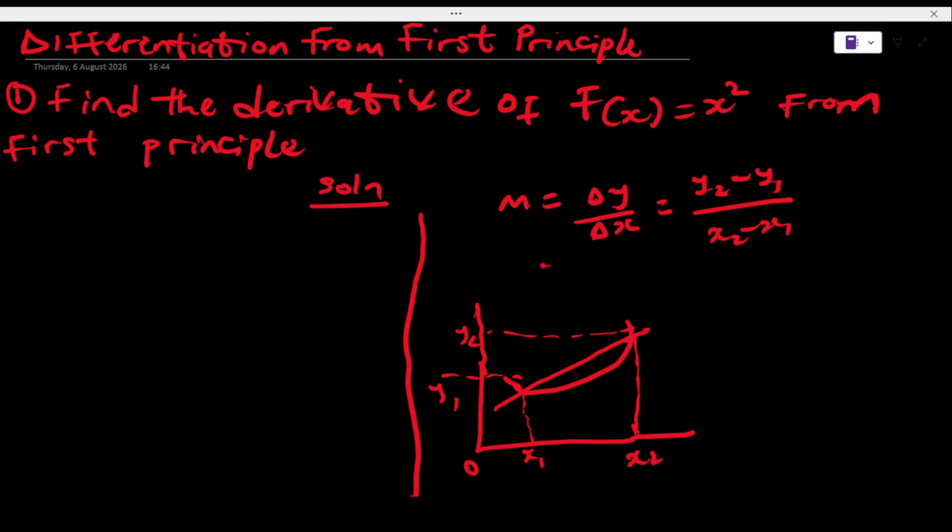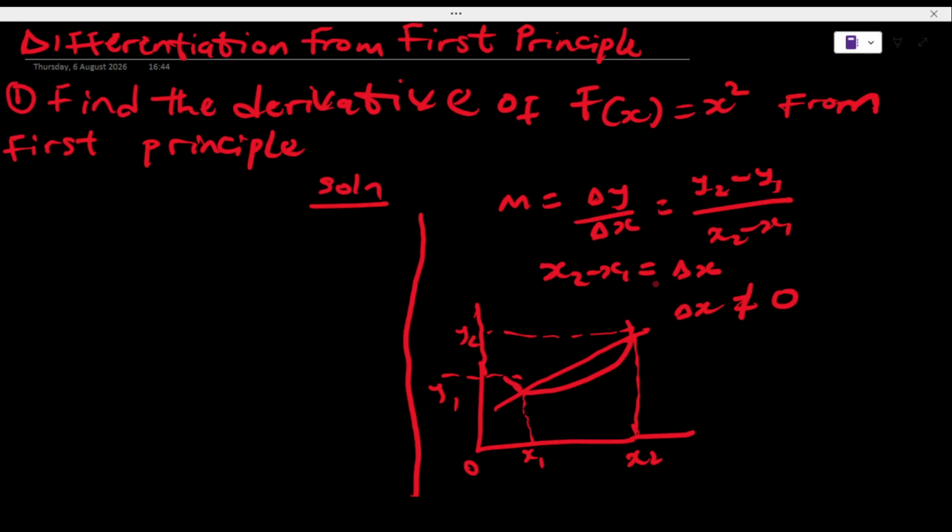We already know that x2 minus x1 is the same thing as the change in x. But this change in x will never be equal to 0, because x2 and x1 are not the same value. If they were the same value, our change in x would be 0.